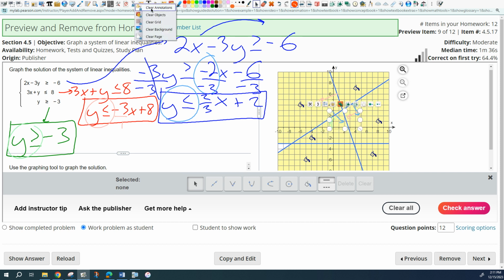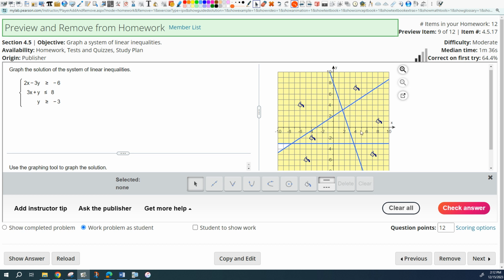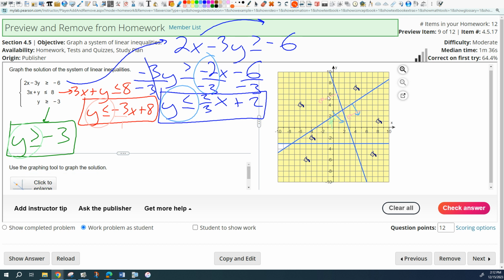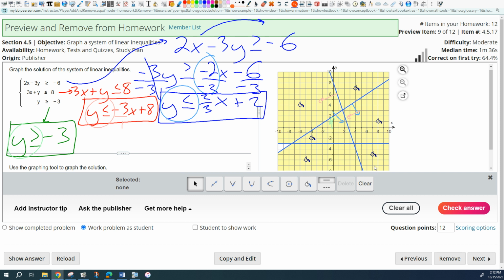Those are messing me up. Clear all the annotations out. Oh, I didn't really want to do that, did I? No. I'm just going to clear out. Why can I not do that? Oh my goodness. I don't know what I'm doing.